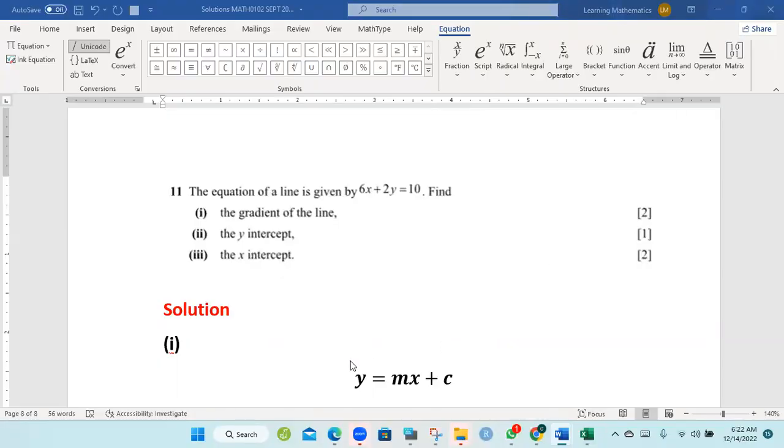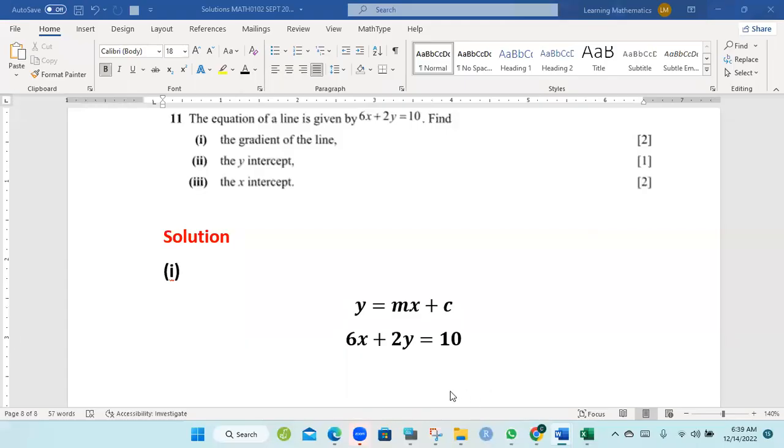When the equation is rearranged to look like y is equal to mx plus c, the coefficient of x, the number in front of x, will be the gradient. So let's begin doing that. Now, to make y the subject of the formula here, we have to cancel out 6x by subtracting 6x from the left side.